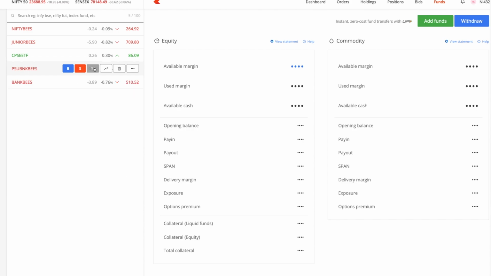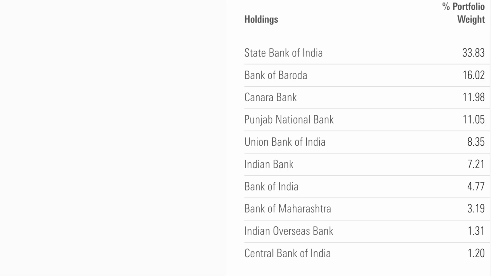So let us start with PSUBNKBEES. What are its constituents and how is the chart and what are all the patterns currently? So PSUBNKBEES mainly consists of all the PSU, the public sector undertaking banks. The major weightage is of SBI, that is around 33.83.